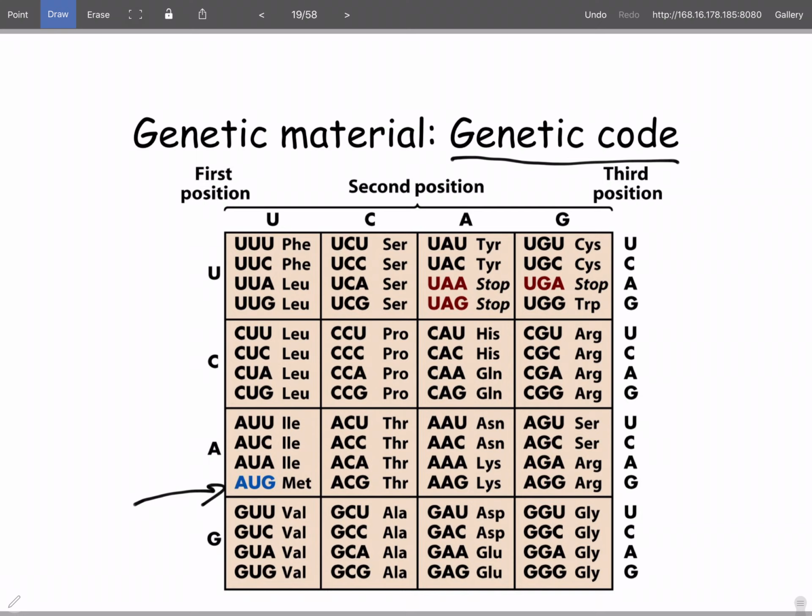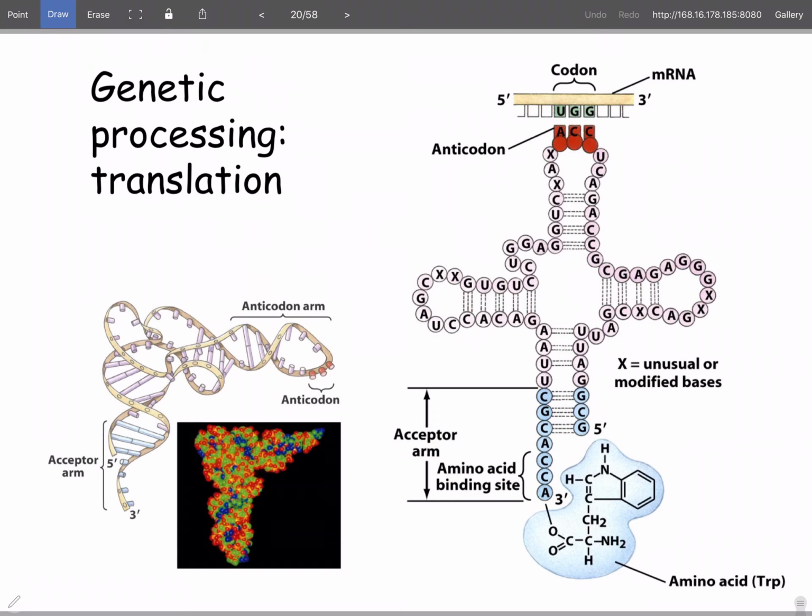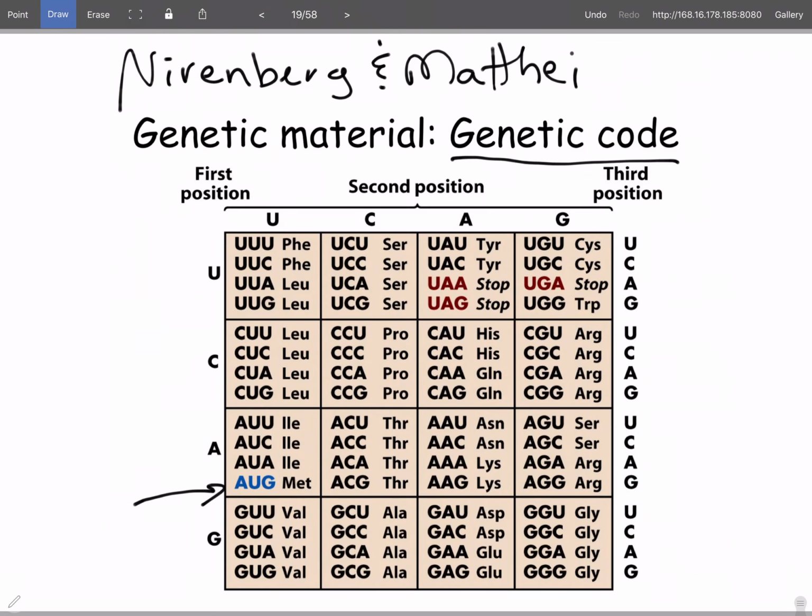And these were done by a couple of guys called Nirenberg and Matthaei. They actually won the Nobel Prize, and they elucidated this genetic code over a period of about 5 years. And let me show you what they did, because it's pretty darn cool. I actually love the story of it.